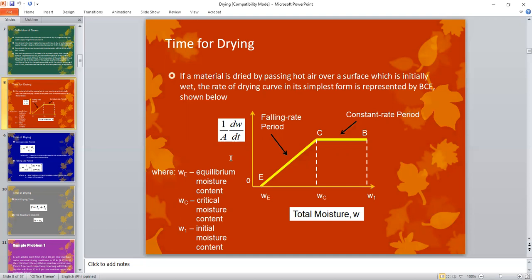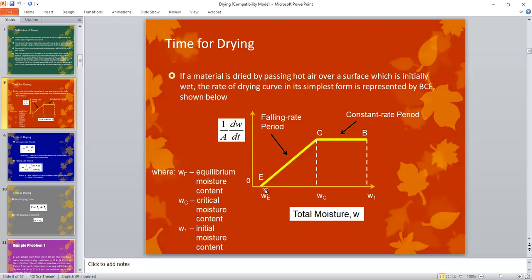So from W1 to WC, this particular rate is constant. Once the critical moisture content is reached, this rate is going to fall. In this condition it's still a constant rate of drying, but the moisture content is already decreasing, as you can see here, W1 to WC up to WE.